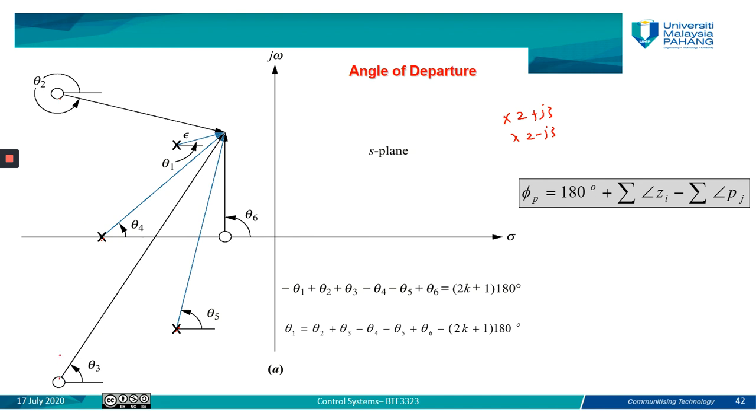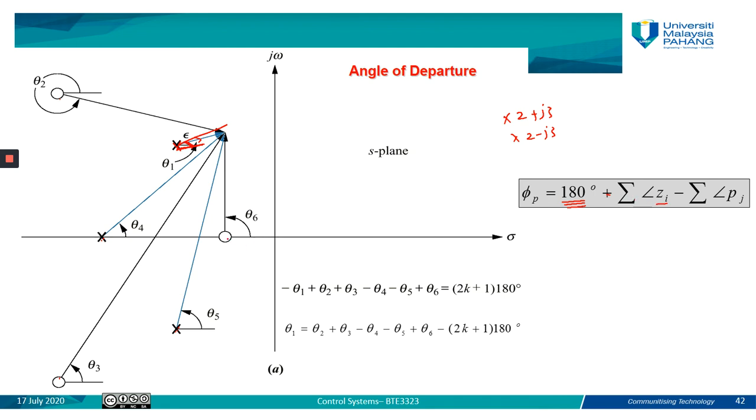If we focus first on the angle of departure, we are talking about this pole, and we want to know the departure angle of the root locus at this pole. We are going to find this angle here. The departure angle, theta 1, can be calculated according to this formula. Departure angle is equal to 180, which is a constant, plus the summation of the angles of zeros.